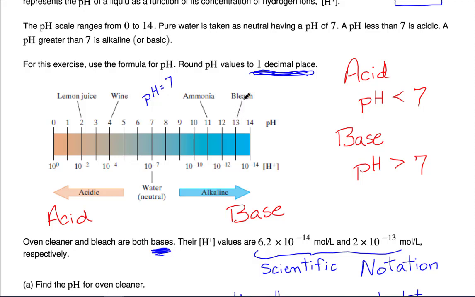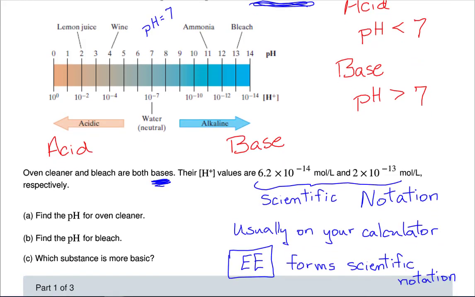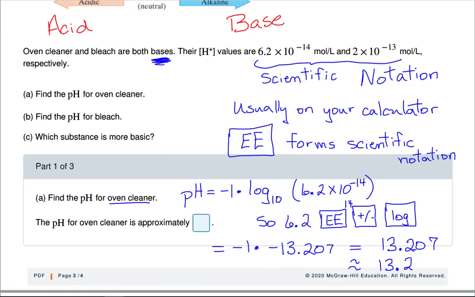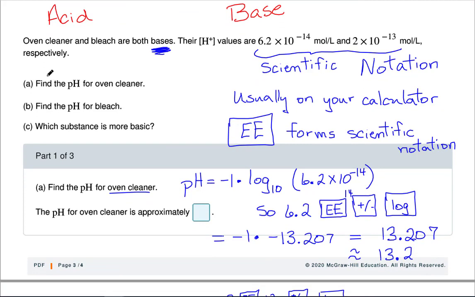So in these exercises, we're going to be rounding our answers just to one decimal place. And if you look, what they're going to give us here are two items, oven cleaner and bleach. They're giving us their hydrogen ion concentration. This is in terms of moles per liter.